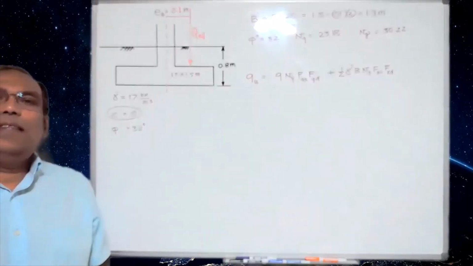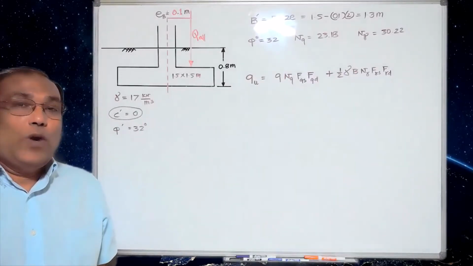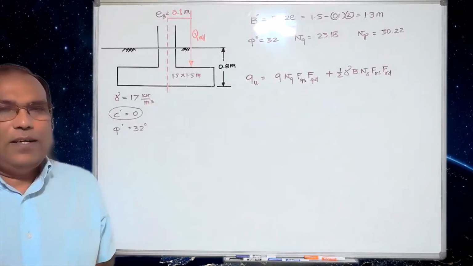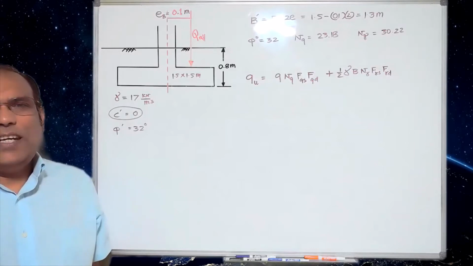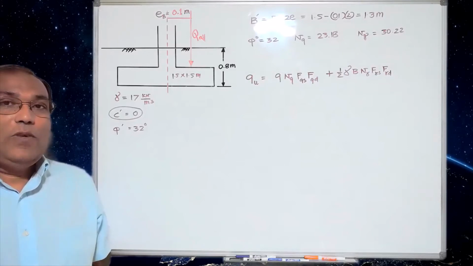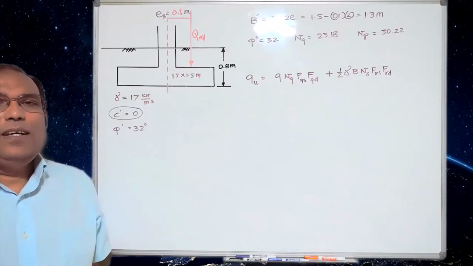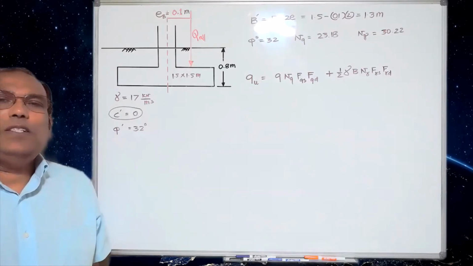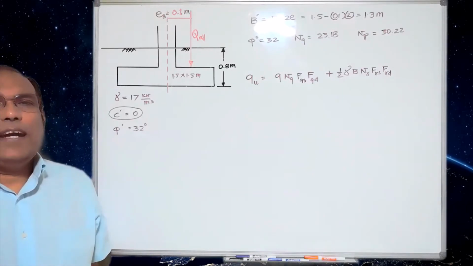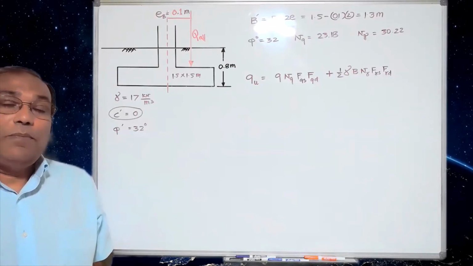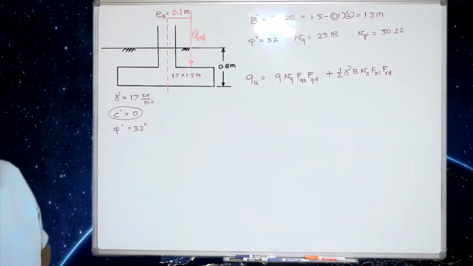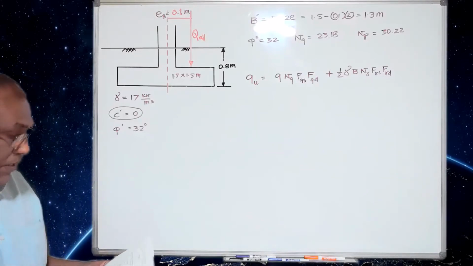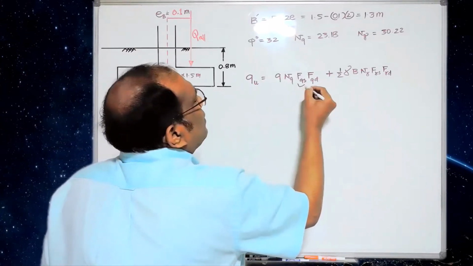As I said earlier, you have to take a look at whether there is water here, but we don't see any water table here, so you don't have to worry about that. So this is purely an eccentric loading problem. But in many cases you can have a water table near the foundation, and in that situation you also have to take care of that part too. So here we are just going to find out these 4 factors.